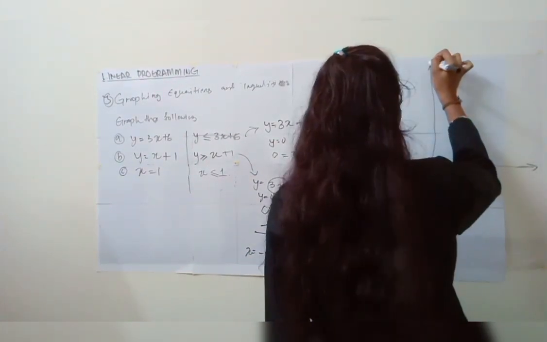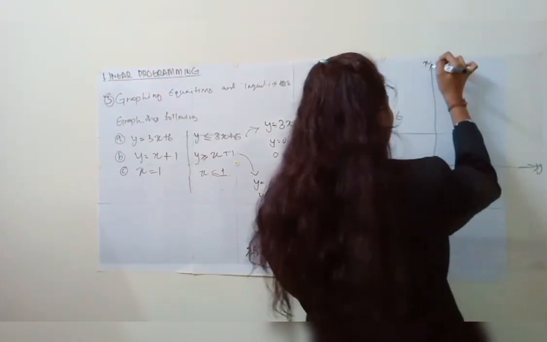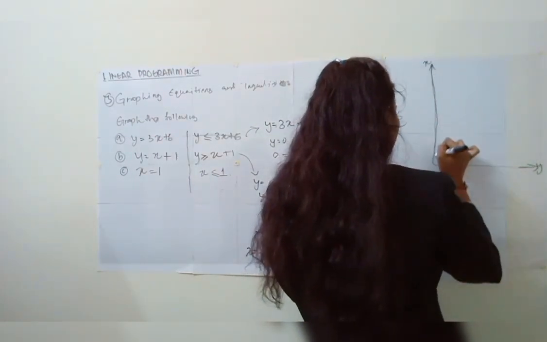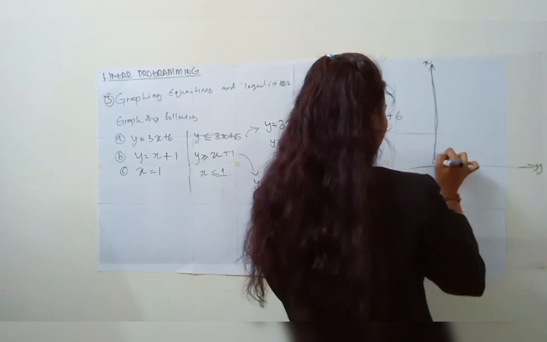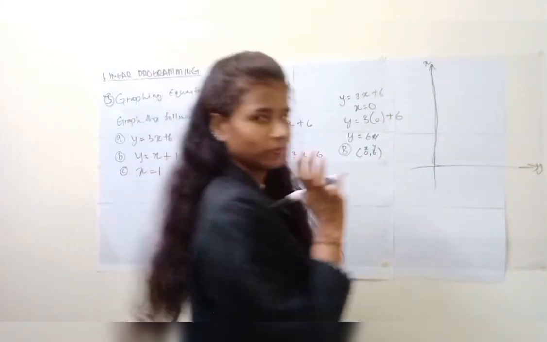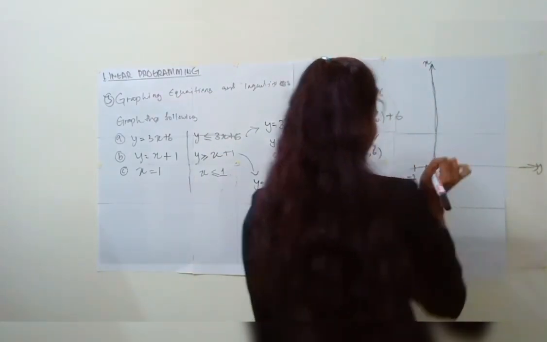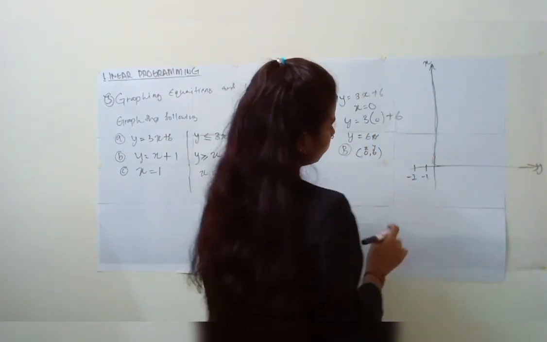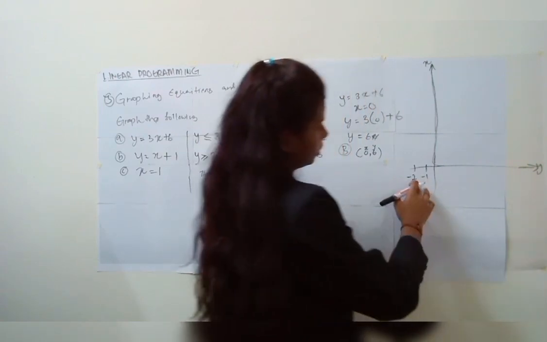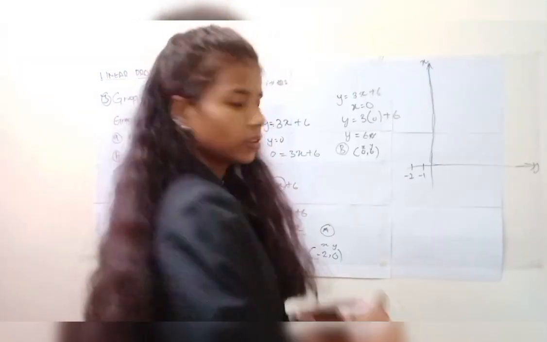So this one is x, and then this one is y. I just use the hand only because I do not have ruler. So here negative 2, negative 1. Wait, hold on.